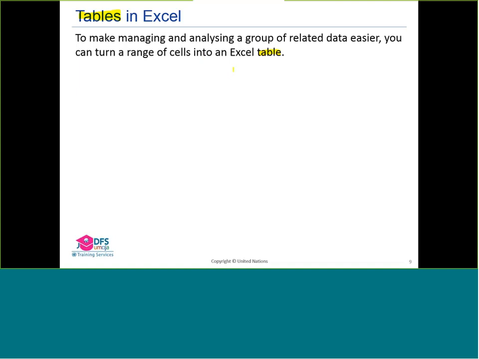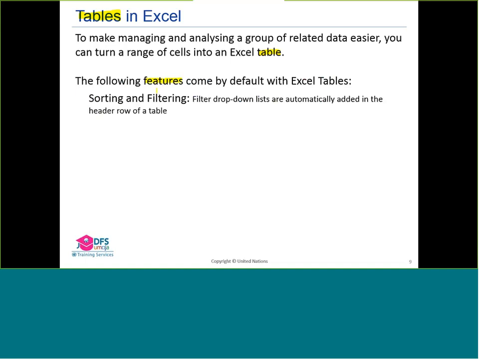And by turning a range of data into tables, Excel will provide additional features. Okay, which are these features that come by default when converting a range of data into a table? So sorting and filtering will become easier. Automatically the drop-down lists will be available in the header so that we can apply sorting and filtering.